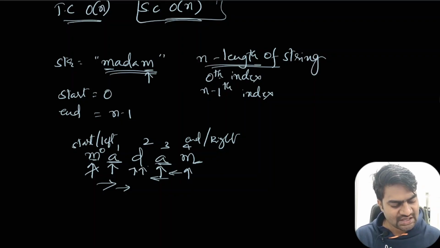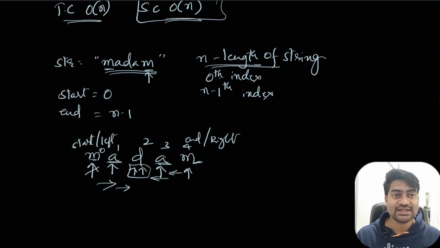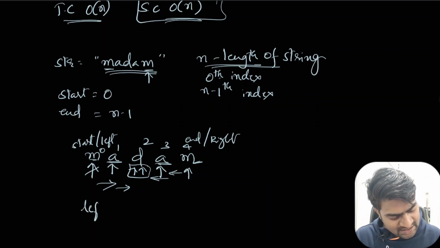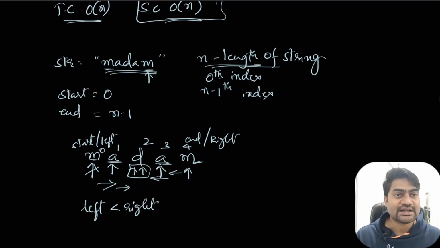Now if you see, they both point to the same character, correct? So now I will stop. I will continue this process while my left pointer is less than my right pointer. As soon as they become equal, I will stop. So our stopping condition will be when left becomes equal to right.